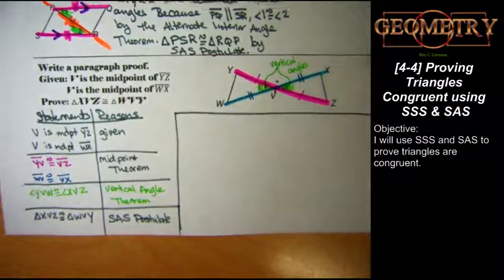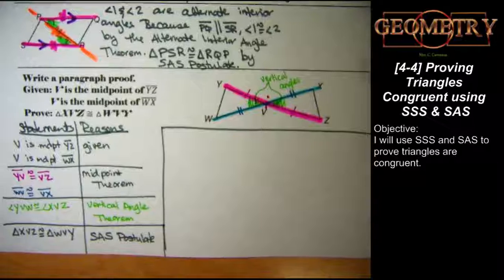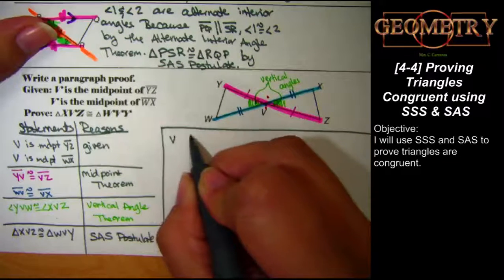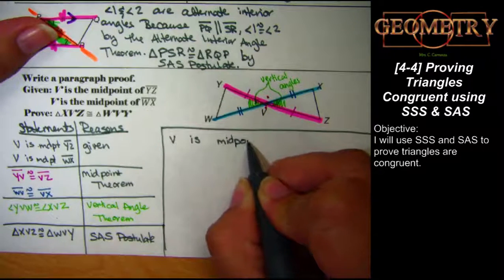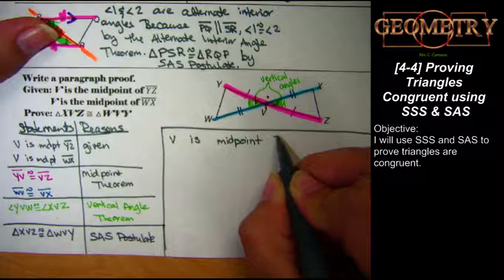Now I promised you a quick and easy way to turn this two-column proof into a paragraph proof, especially for those of you who were feeling uncomfortable with paragraph proofs. Here's how you do this. Look at the very first statement box. I'm going to write exactly the way I wrote it in the statement box, except I'm not going to abbreviate.